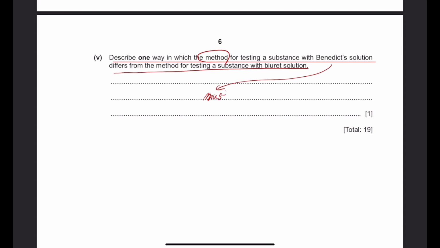This must be heated. Whereas the Biuret solution, which tests the presence of protein, doesn't actually need heating. So Benedict solution must be heated.